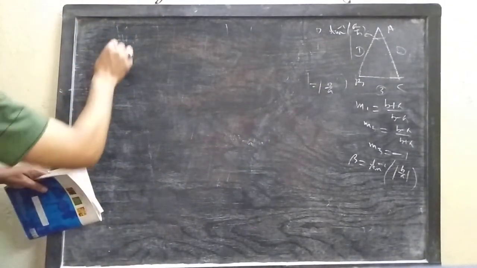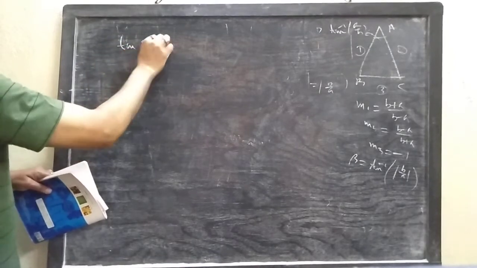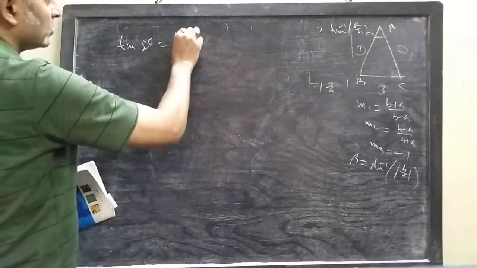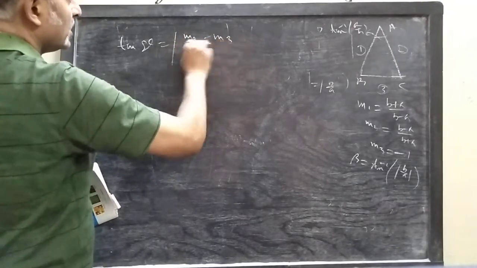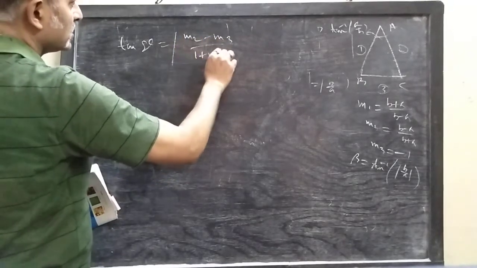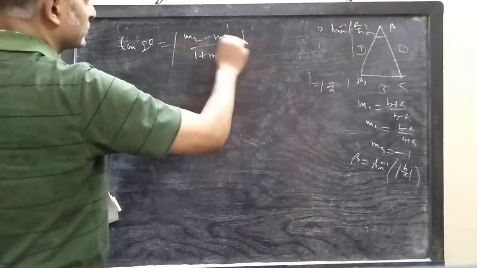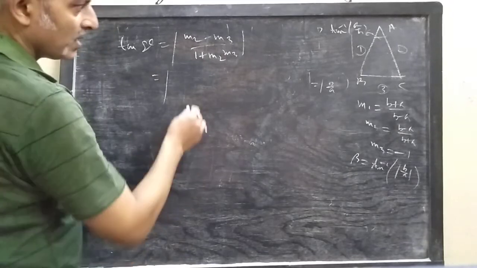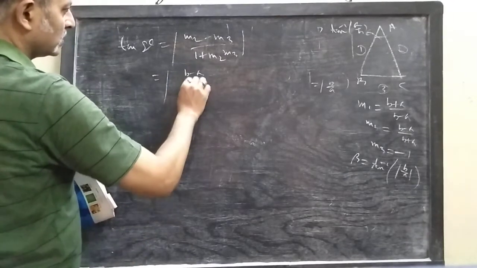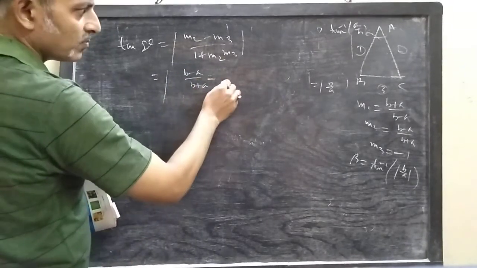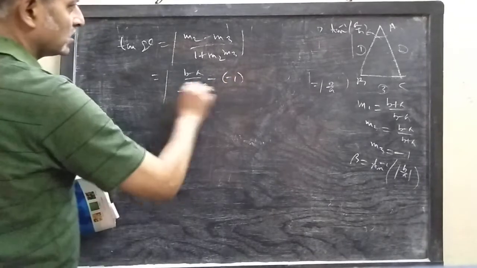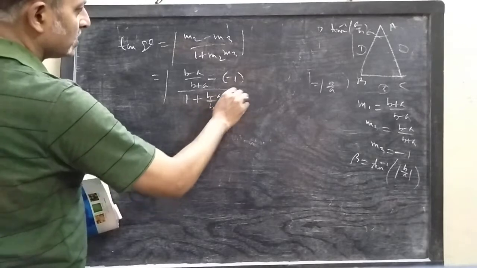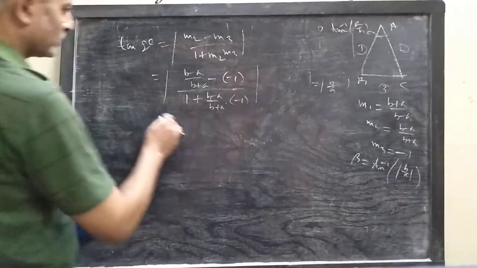Then tan gamma will be mod of (m2 minus m3) by (1 plus m2 m3). This will be equal to: m2 is (b minus a) by (b plus a), minus m3 is minus 1, plus (b minus a) by (b plus a) into minus 1.